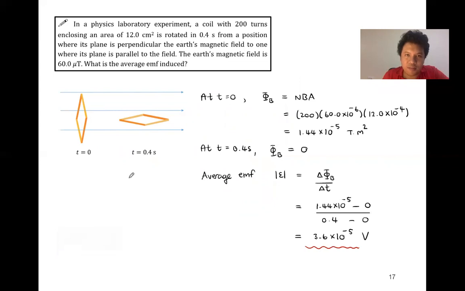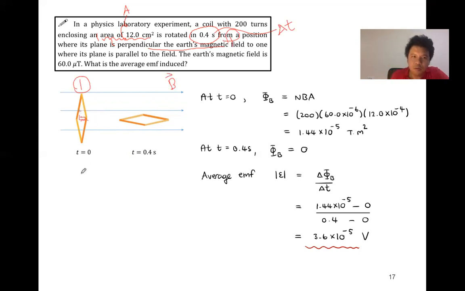In the physics lab experiment, there is a coil enclosing an area, and it is rotated in 0.4 seconds, which is delta t, from a position where its plane is perpendicular to the Earth's magnetic field. So this is number one. So this is the magnetic field, and here the plane is perpendicular to the magnetic field.